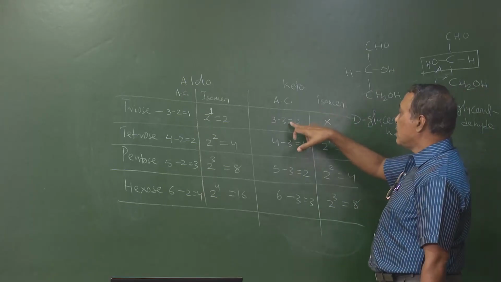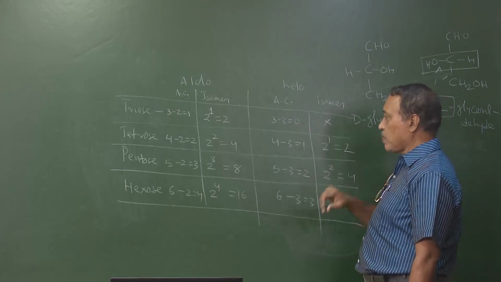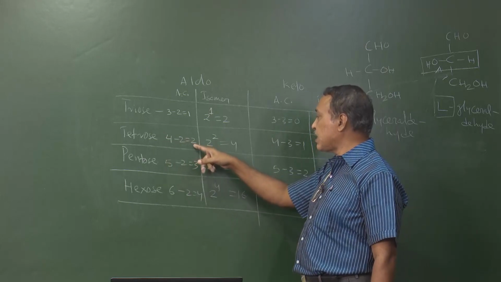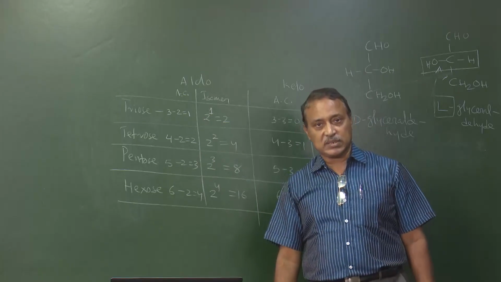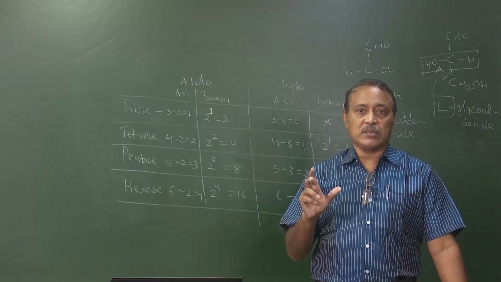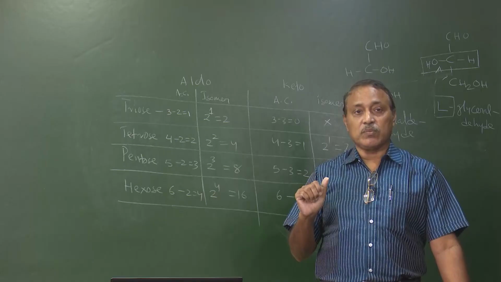And here it is 0, 3 minus 3 is equal to 0, so there will be no isomer. Now when coming to the tetrose, this will have 2 asymmetric carbon atoms, so 4 isomers. Now what are these 4 isomers? We will draw the structure of these 4 isomers and we will remember their names too.